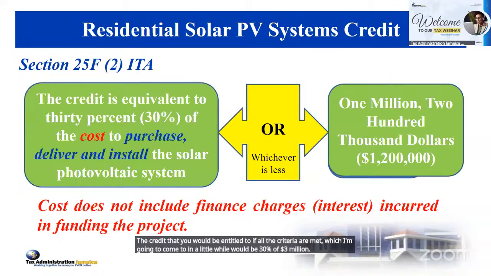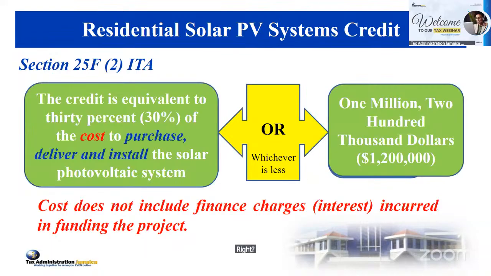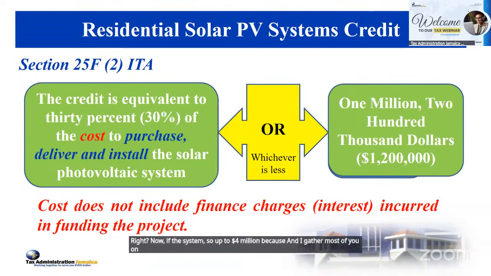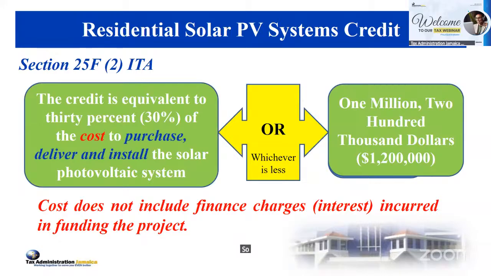Right? Now, if the system costs up to $4 million, because I gather most of you, or a number of you, are good at math. 30% of $4 million is actually $1.2 million. So the cap on the expenditure for which you will get a credit is really $4 million.